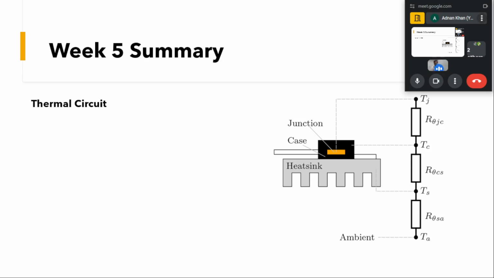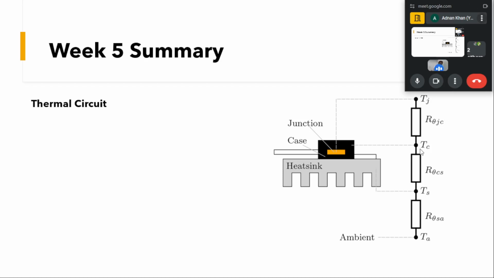This resistance will determine the dissipation of the power from this junction. The amount of heat generated due to the power loss, and its dissipation, will be determined by this R theta Jc.